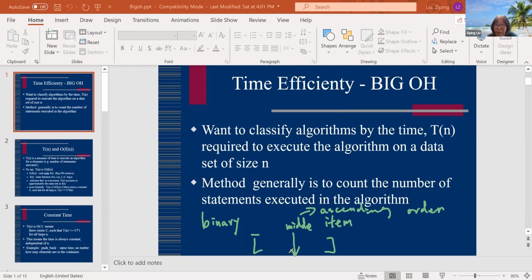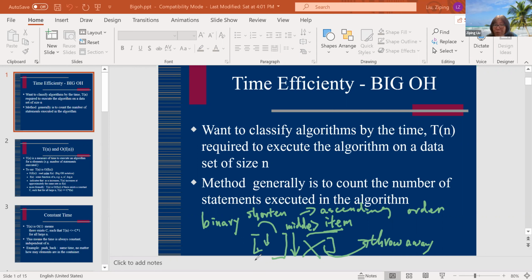is it? And you compare with the item in the middle. If the item is less than the middle, you can throw away the right part, is it? Then you shorten the search by half, is it?